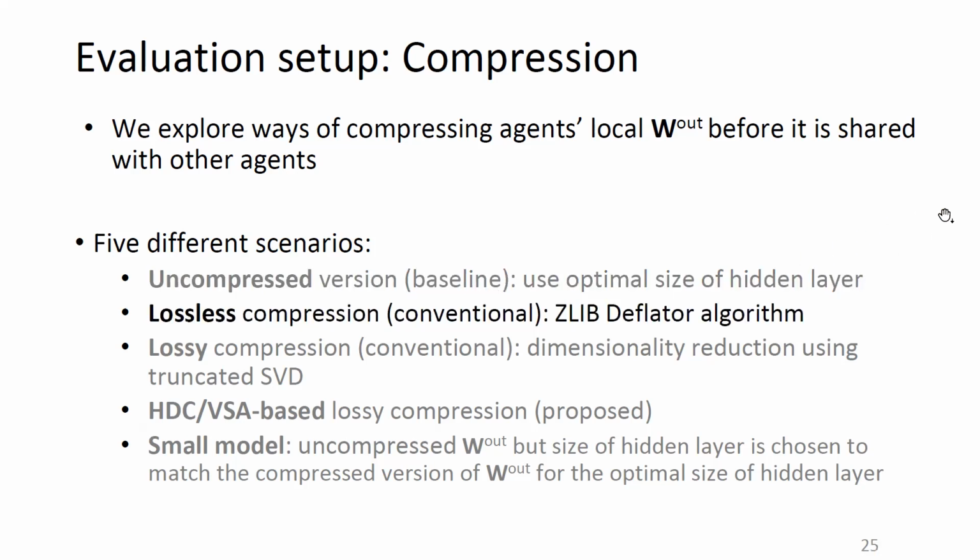Then we have a lossless compression using the zlib deflate algorithm, which is a public domain algorithm, and we combine this algorithm with DAF1 coding. This is a baseline for how strong the gain of our proposed compression approach is, in terms of how well we are compressing the information.